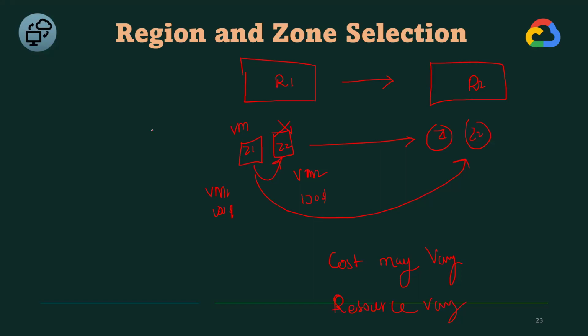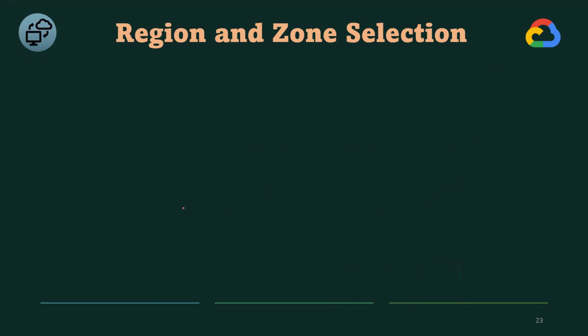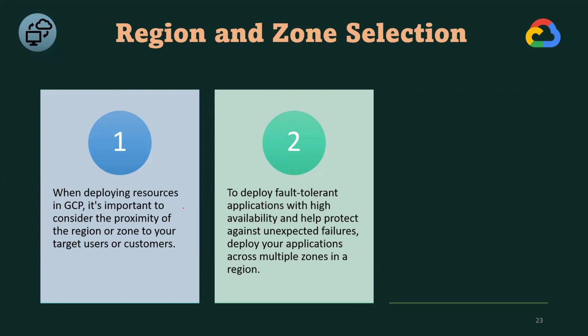This is what we call the third point. It is essential to understand the pricing and availability of the services across different regions and zones, as they may vary.